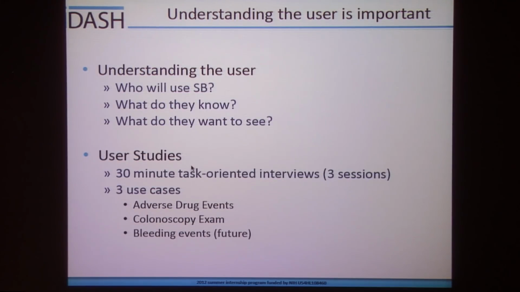And so we know that there is a problem and something has to be done about it, but it'll be meaningless to build an interface before we know anything about the users themselves. And the point I'm trying to make here is that understanding the user is more valuable than building the interface.